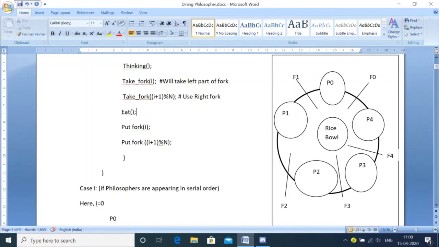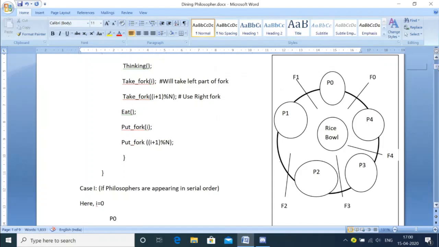With the same code, fork I, that means it will release the first fork, fork 0, and the other one, fork F1. The same code is there: just as in the first one it is taking the fork, here it is putting the fork back. So it will do that, and then it will come out of the loop.